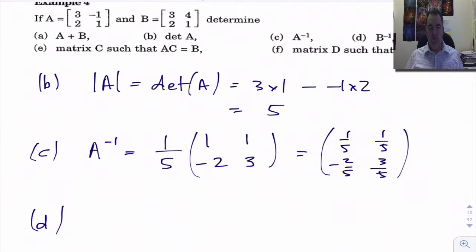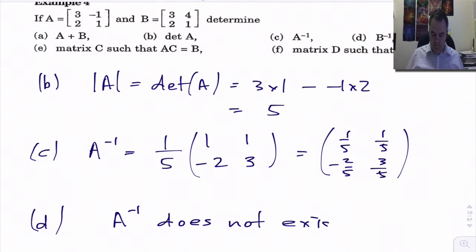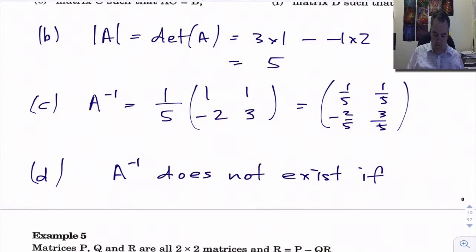One thing to note when we're doing these inverse matrices is this. What happens if the determinant is 0? Well, then our formula fails. We've got 1 over the determinant, and then we're swapping these and swapping those. You can see if we get 0 here, we're in problems. So that is a way that we can tell if a matrix inverse does not exist: if the determinant of A equals 0.